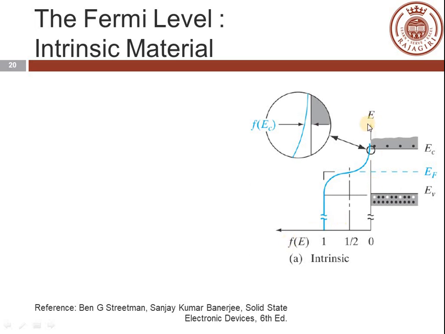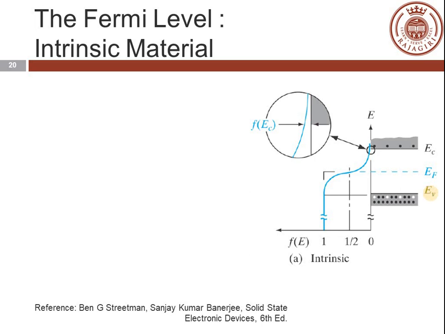F of E against E is rotated 90° anti-clockwise, and to the energy axis we have plotted the conduction band, valence band, and Fermi-Dirac function. For the conduction band, the lowest energy we will denote by EC. For the valence band, the topmost energy we will denote by EV.